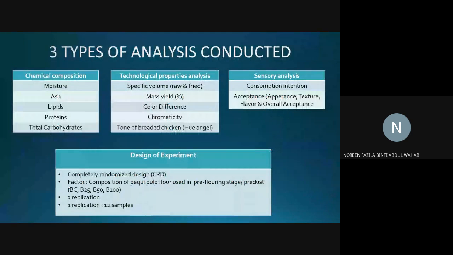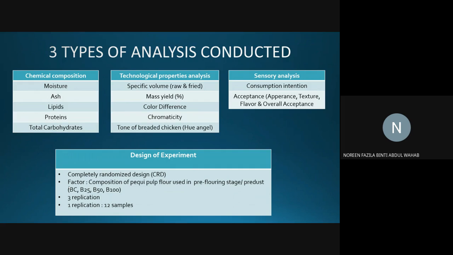So there are 3 types of analysis conducted: chemical composition, technological properties analysis, and sensory analysis. For the chemical composition, this research is conducted to determine moisture, ash, lipids, proteins, and total carbohydrates.